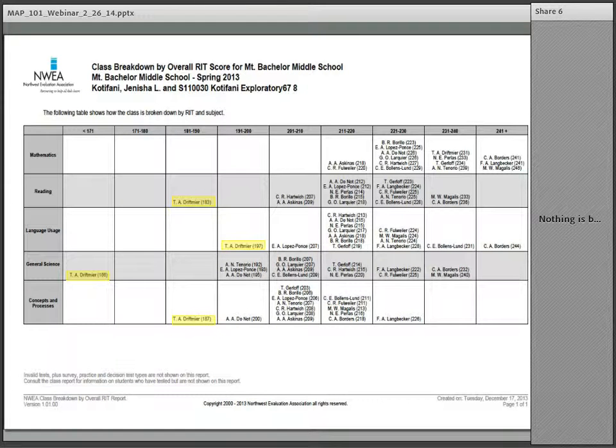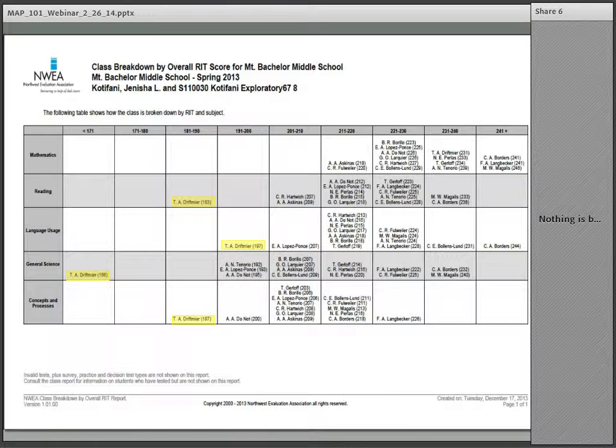Okay, here's where he, oh my goodness, Jill. We have math, reading, language usage, general science, and concepts and processes. Oh, here's T.A. Driftmeyer up here that got missed. Look at this student up here in the RIT band 231 to 240.